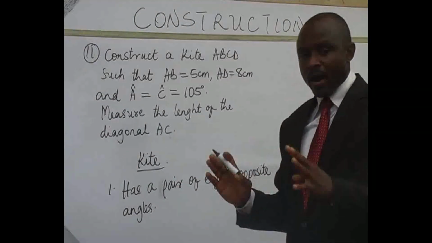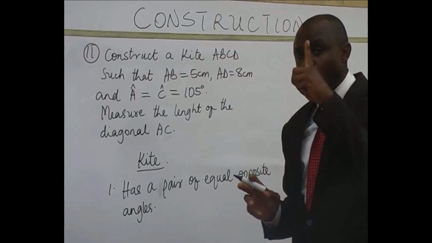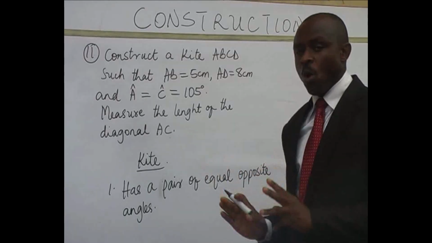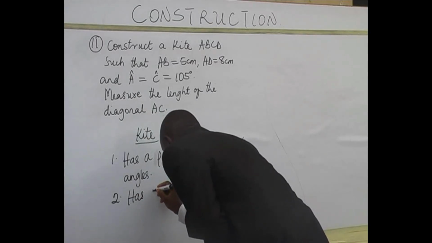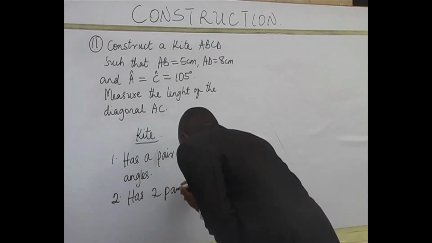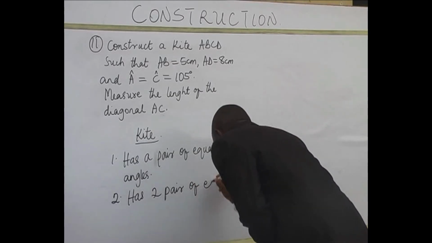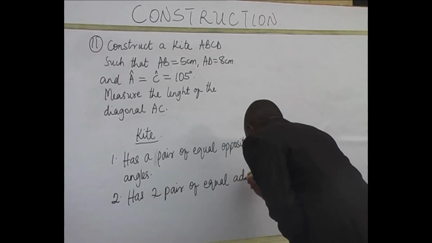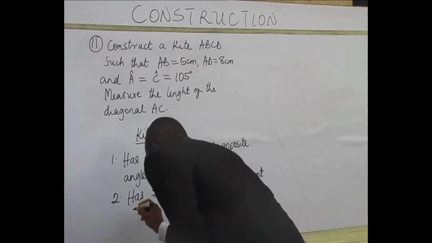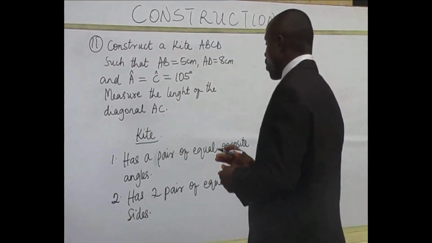Out of the 4 angles, or 2 pairs of opposite angles, it is only one pair that is equal. Number two, it has 2 pairs of equal adjacent sides.